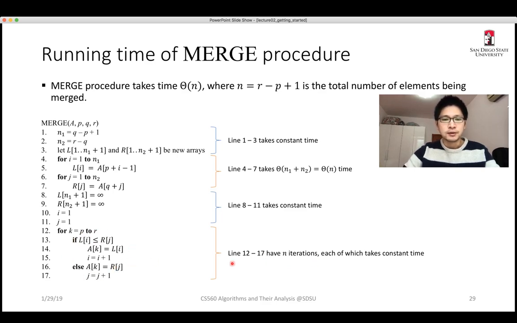So this long for loop takes linear time, theta of n. Considering all the for loops together, they take theta of n time. Therefore, the running time of the merge procedure is linear. In other words, it's quite fast.